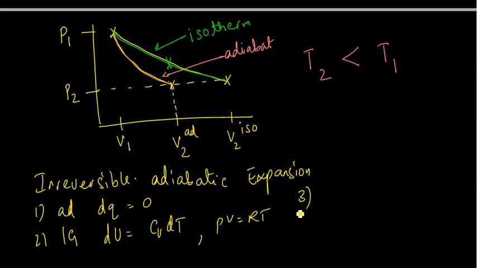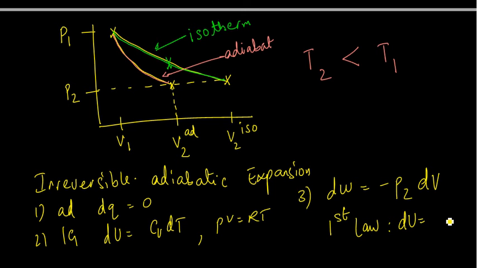Third one, work done is irreversible, so dW is minus P2 times dV, right? And the first law still holds true, so dU is equal to minus P2 times dV.